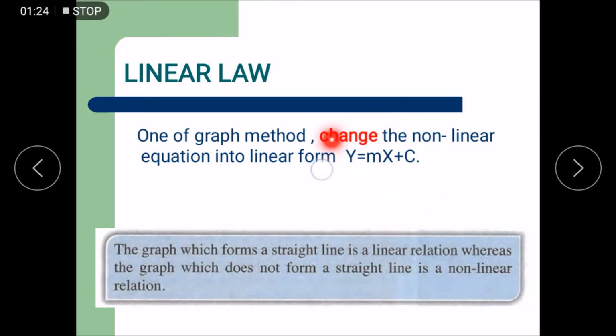So every equation, if it follows y equals to mx plus c, it will form a linear line, or we can have linear relation. Linear relation means 1 to 1. So if we draw the graph of linear, it will be a straight line. Straight line means it's a linear relation.